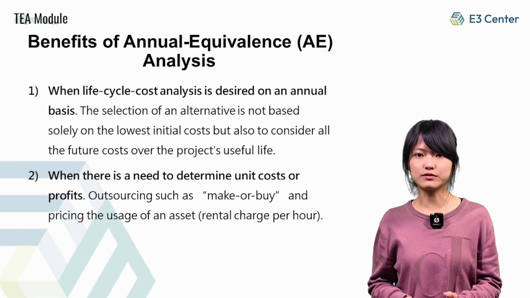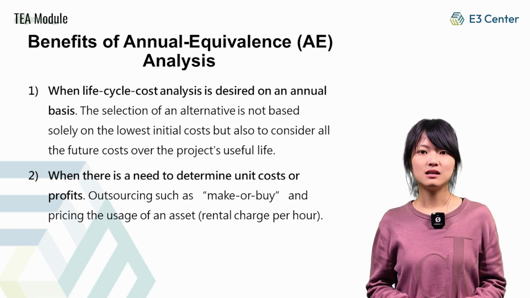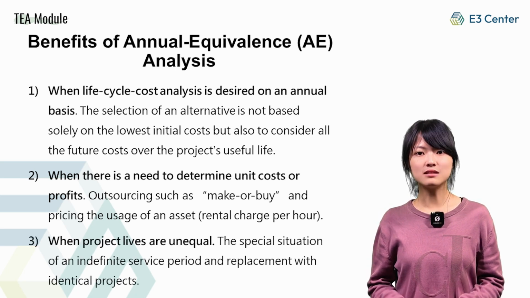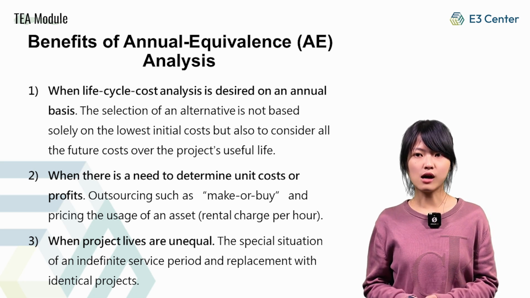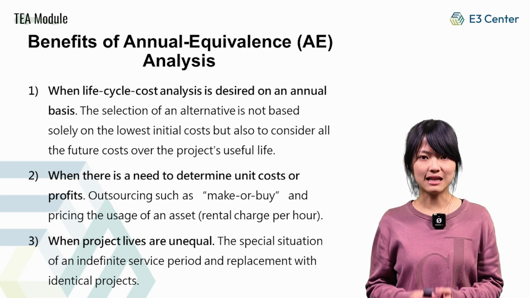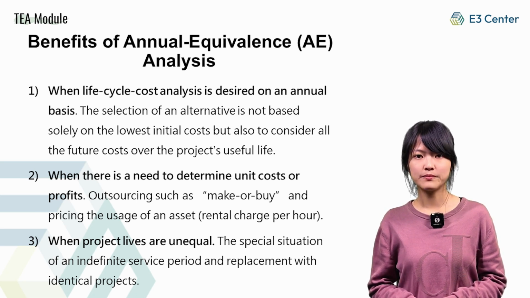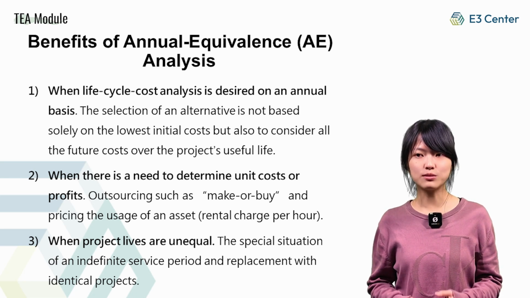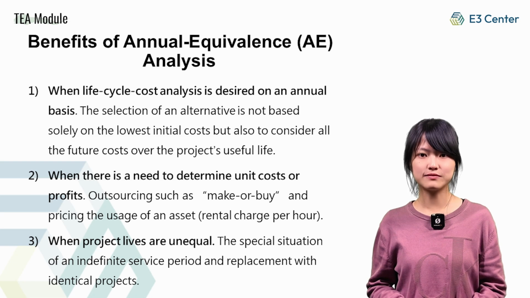This could be for projects where we decide whether to make or buy, or even set the rental charge. Thirdly, handling unequal project lives. AE helps when projects don't align perfectly in duration, allowing for consistent financial comparisons. In a sense, AE equips us to handle complex financial planning with a clear, annualized perspective.